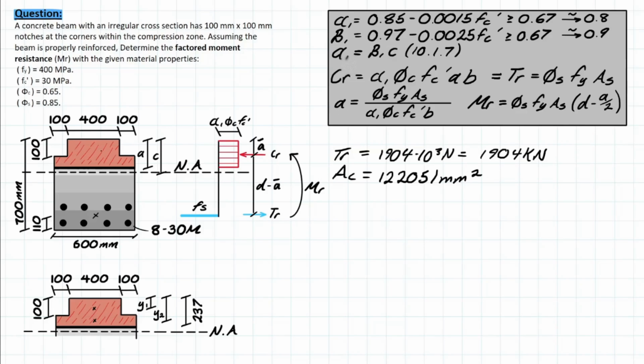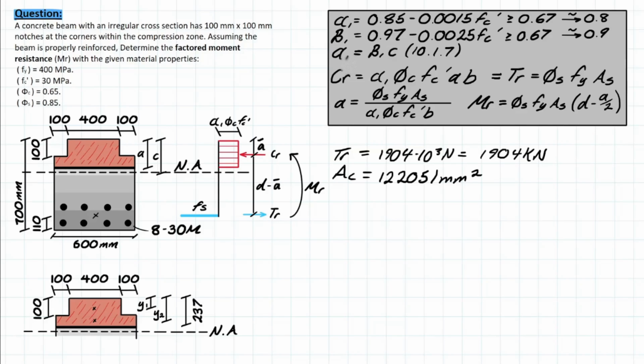In this part, we need to look at the compression block and talk about some important characteristics when you have an irregular shape. One of those is that we now have a different location where this CR, or resultant compressive force, is acting in this block. That's because it's not a perfect rectangular shape anymore.